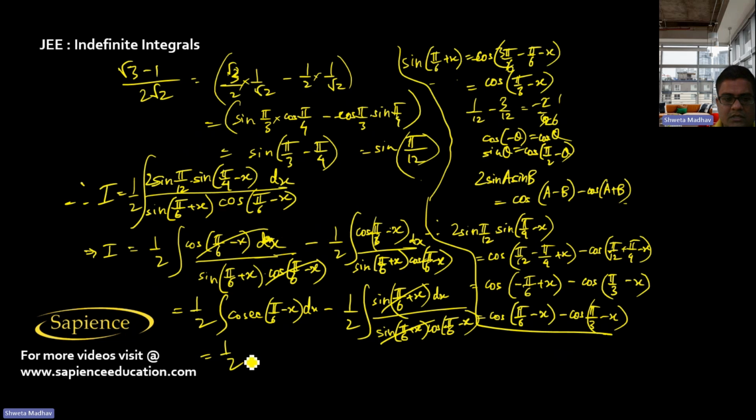So here also we can write this as log base e mod tan of x by 2, so this by 2, that is pi by 12 minus x by 2.